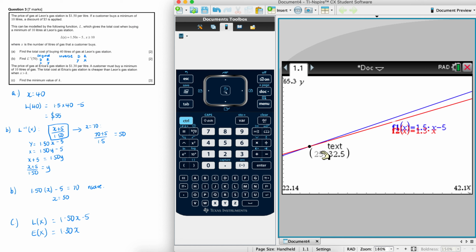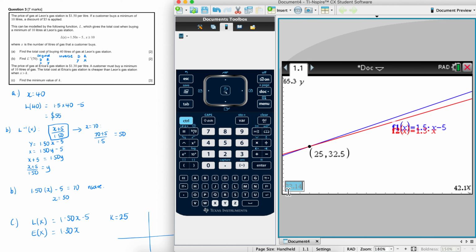It's saying where x is bigger than k, so there's this value of the intersection. Anytime you see a question like that, you're looking for that intersection value, and k is equal to 25.